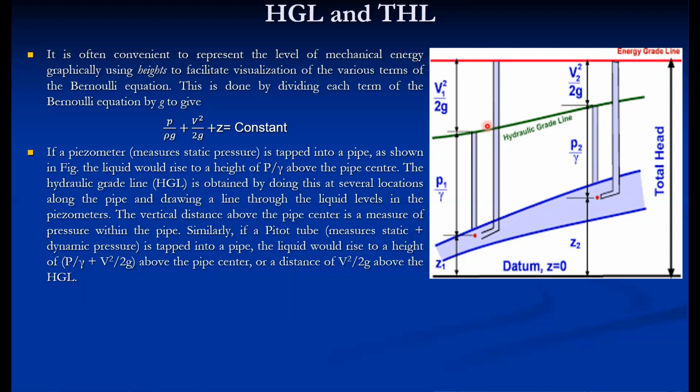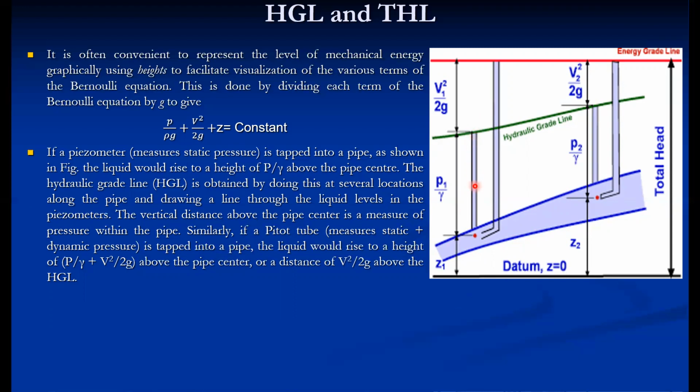The hydraulic gradient line is obtained by doing this at several locations along the pipe and drawing a line through the liquid levels in the piezometers. The piezometer takes into account the elevation as well. Suppose this is a datum surface. Whatever the head, it generally takes into account the elevation part as well.